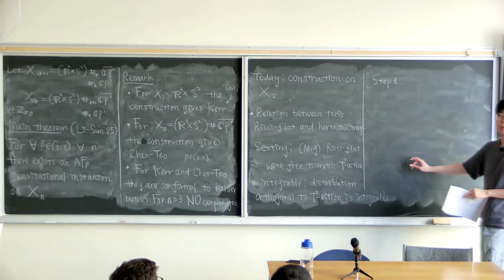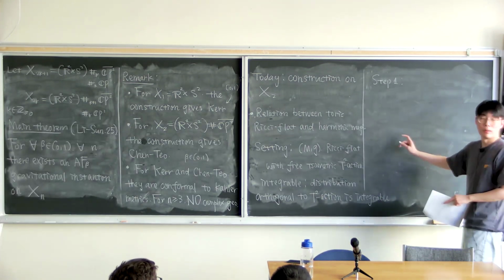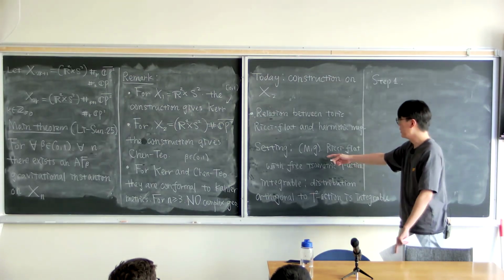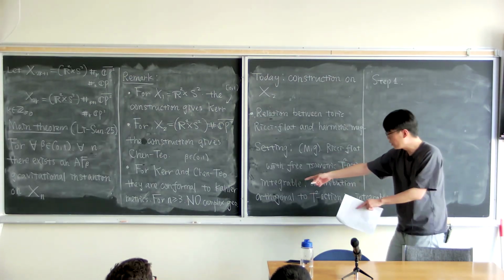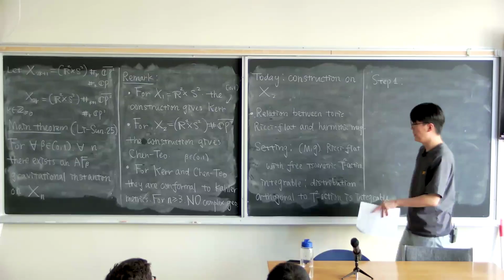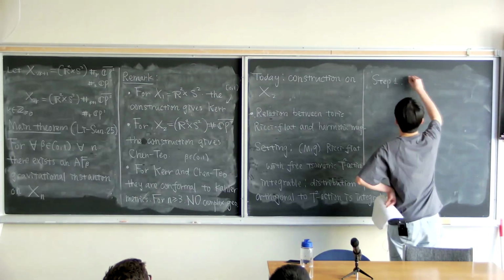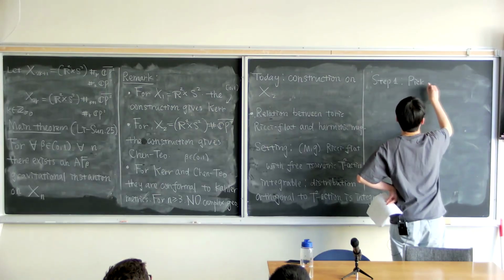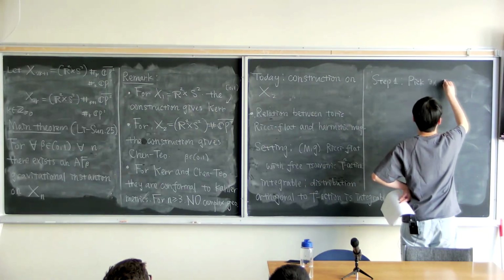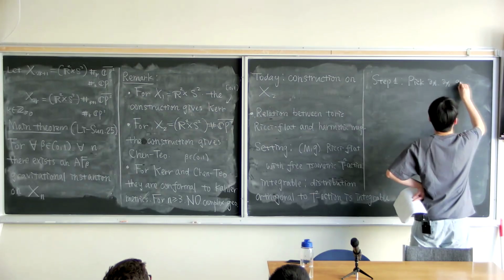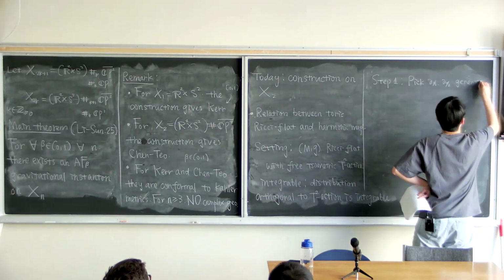Any more questions? Okay. Next, I'm going to show how to relate this integrable toric Ricci-flat metric to axisymmetric harmonic maps. There are 3 steps. The first step is you pick 2 Killing fields, partial phi 1 and partial phi 2, that generate this T2 action.